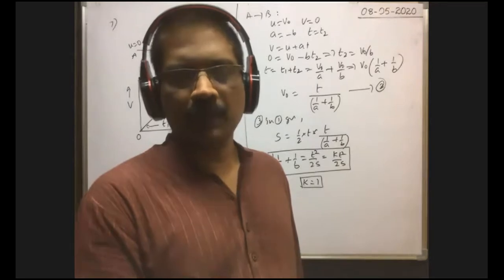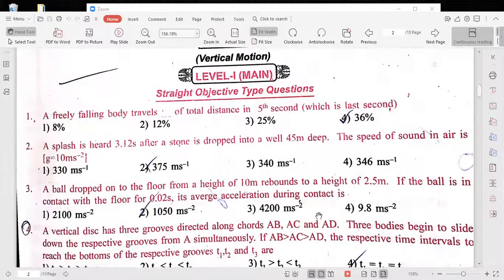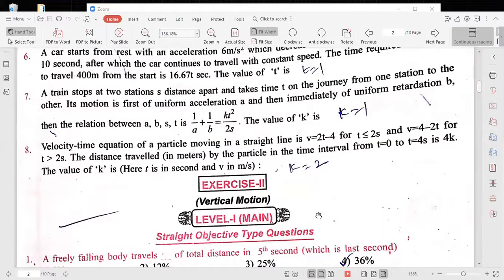Now see the other problem. Eighth problem, you see. Read the eighth problem. I shall erase this one.